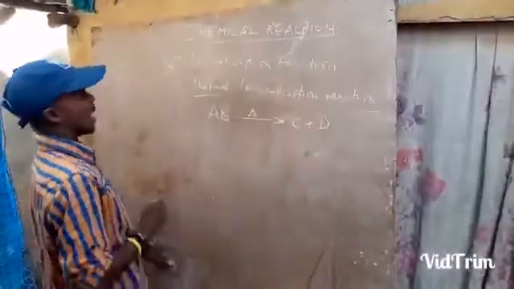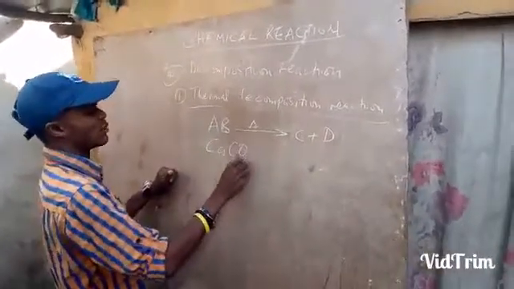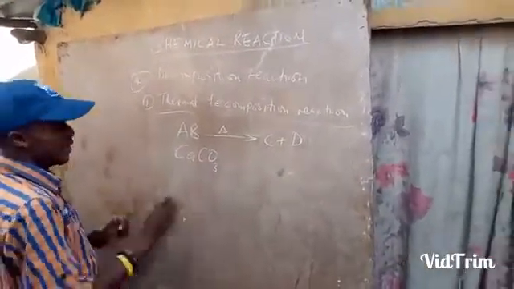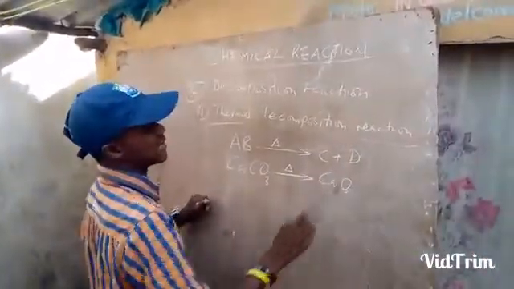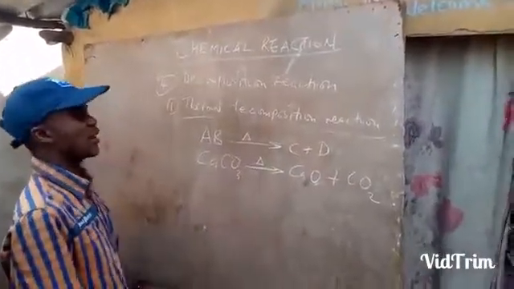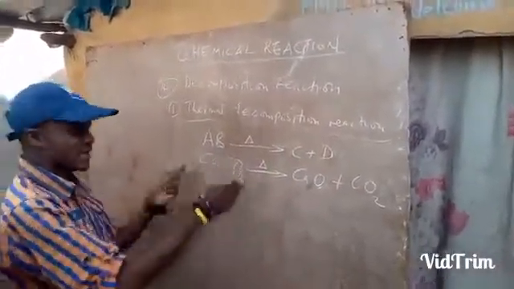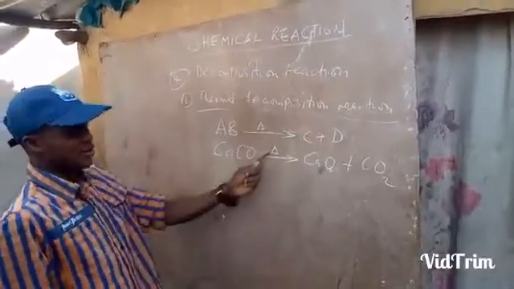Let us get an example for thermal decomposition reaction. If you take calcium carbonate, CaCO3, and you apply heat on this compound, you are going to produce calcium oxide, CaO, and carbon(IV) oxide. That will be the reaction. The triangle here tells you that heat is applied. If you don't want to write heat, you just put this one.